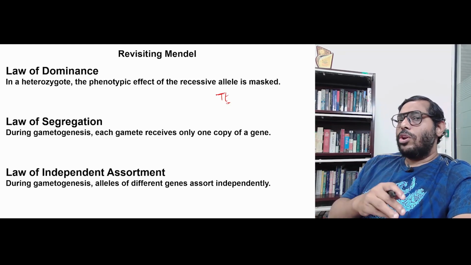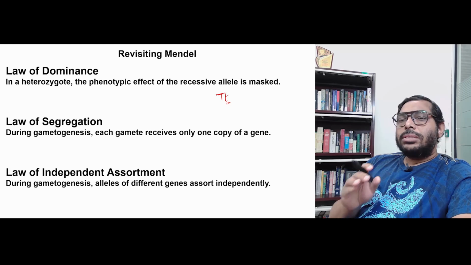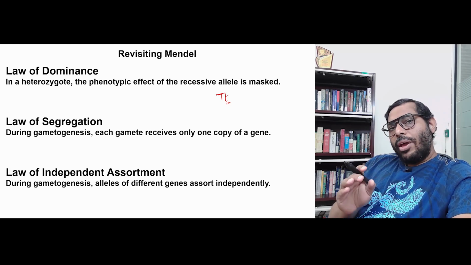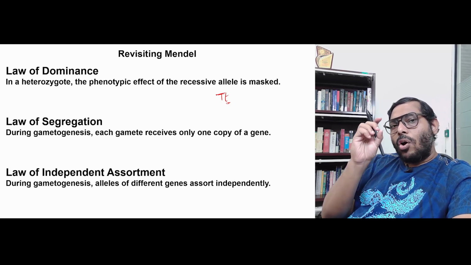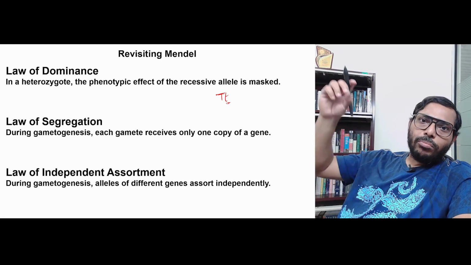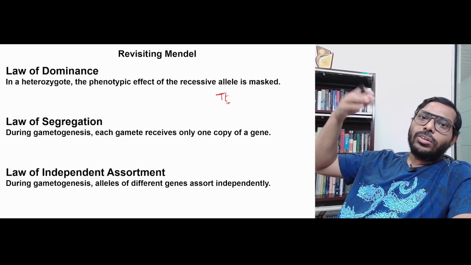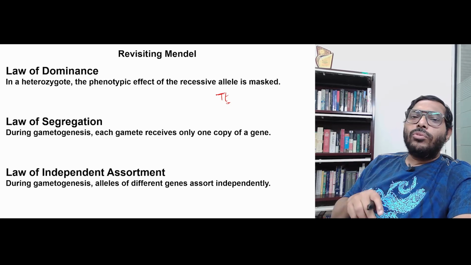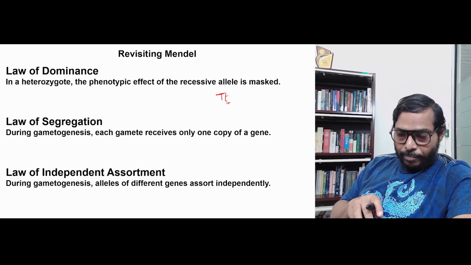Now, today we know that this is true only when the loci are on different chromosomes, or the loci are so far away from each other on the chromosome, let us say on 2 ends of the chromosome, that a crossing over event is highly likely.